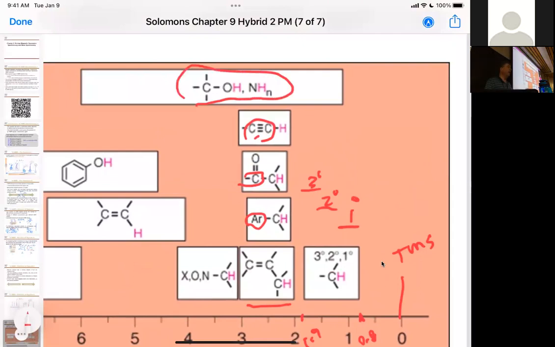In IR, we saw broad ranges for oxygen with an alcohol and the amines because of hydrogen bonding. That's the same reason we have a broad range for alcohols and amines in NMR. If they hydrogen bond, they'll have broader peaks and they'll be shifted around quite a bit. If you're really careful and choose your solvent correctly so it can't hydrogen bond, you can actually get fairly narrow peaks.